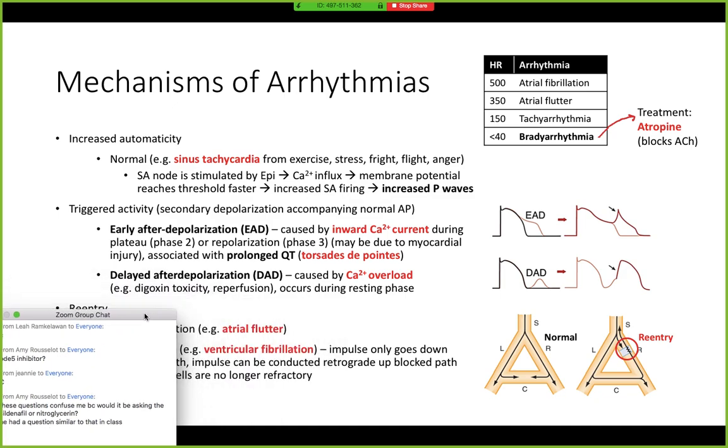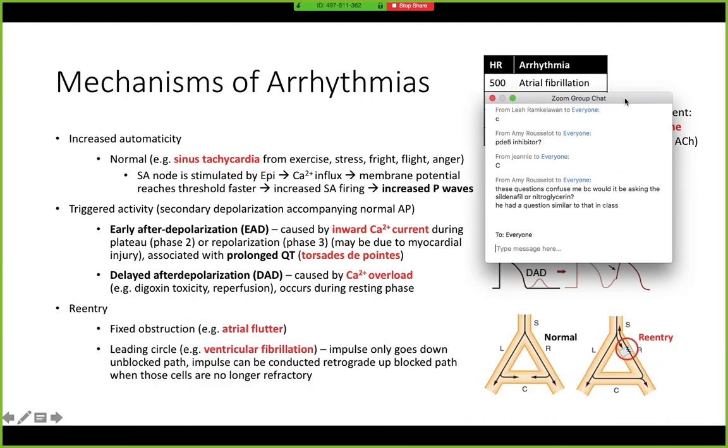Increased automaticity can sometimes be through normal causes, like exercise or your fight or flight kicking in, leading to sinus tachycardia. Early afterdepolarizations are caused by an inward calcium current and associated with torsades. Delayed afterdepolarizations are caused by calcium overload.